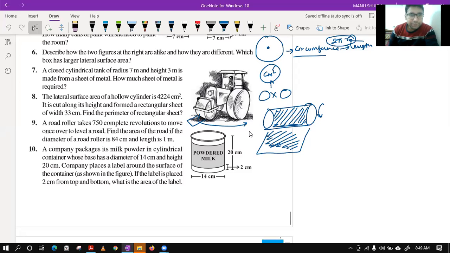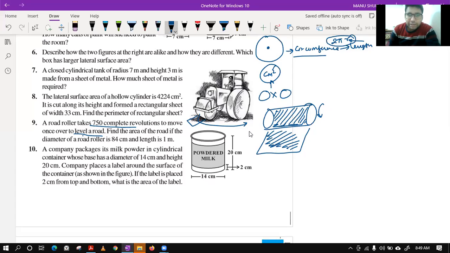Okay, let's see. So let's find this thing. The road roller takes 750 complete revolutions to move once over to level a road. So there is a road in front of your school, suppose it is taking 750 rotations from starting to end.